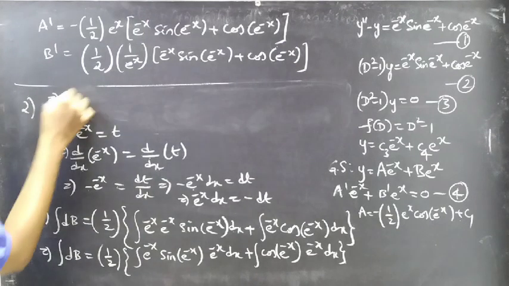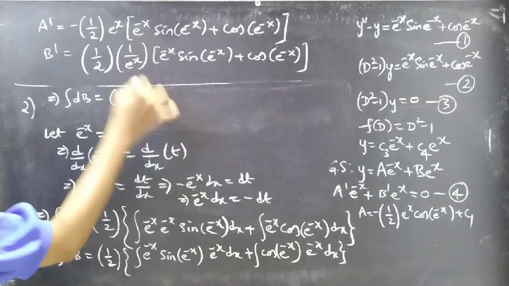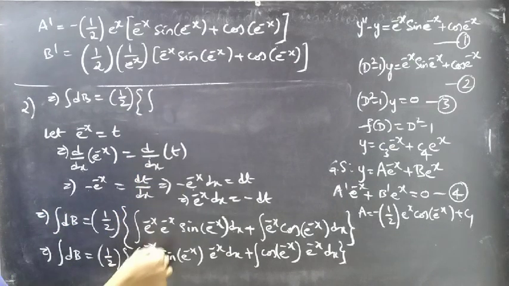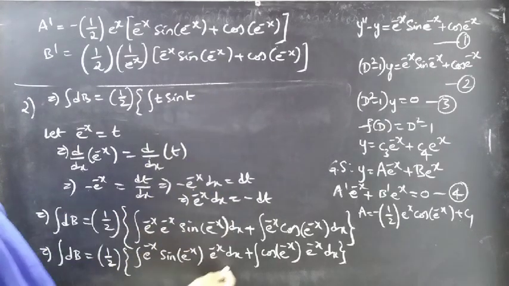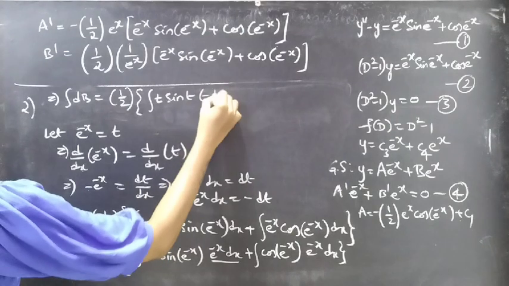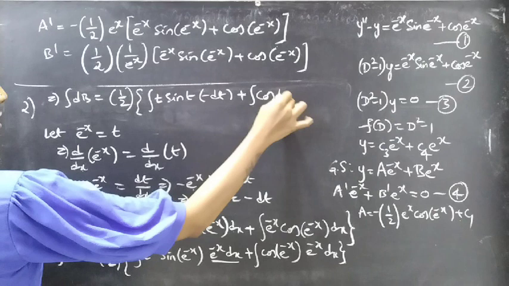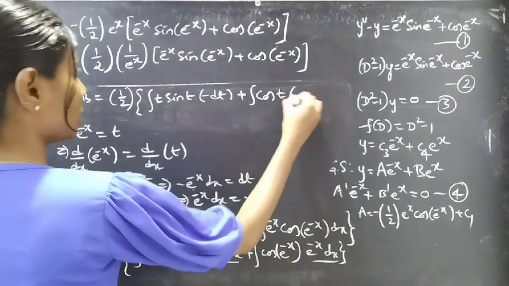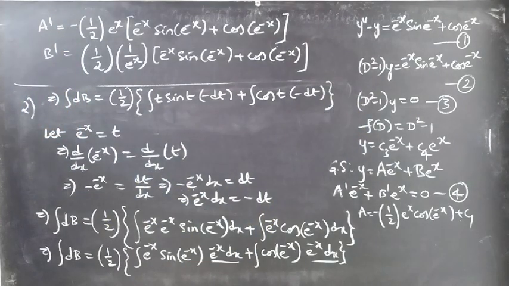Then integral dB equal to 1 by 2 of integral e power minus x can be replaced by t sine t, replace e power minus x dx by minus dt, you'll get minus dt plus integral cos t, replace e power minus x dx by minus dt, right?